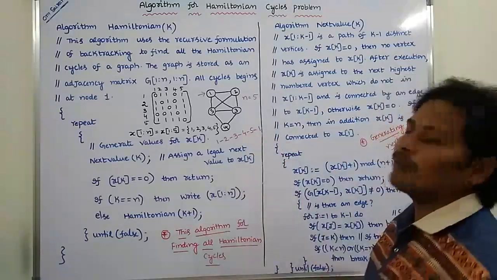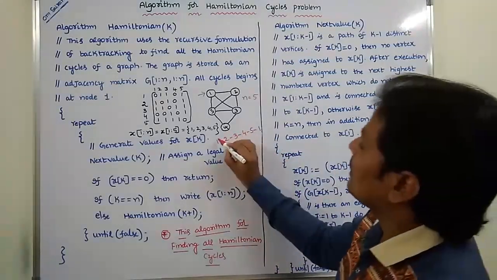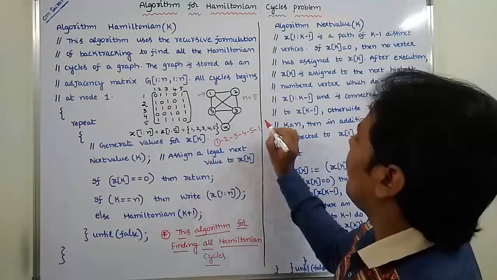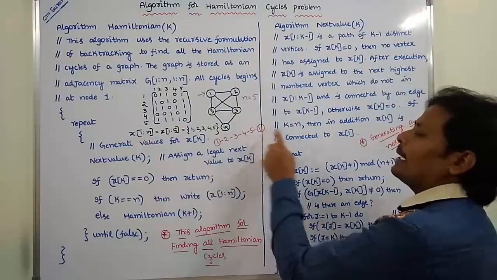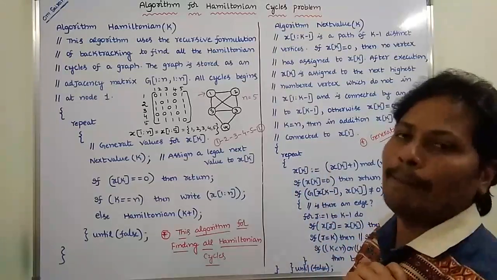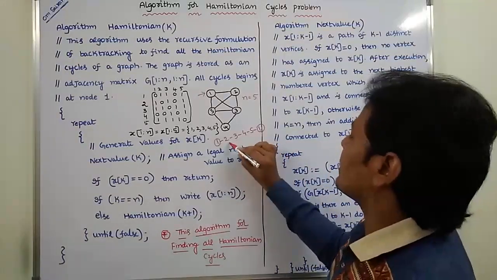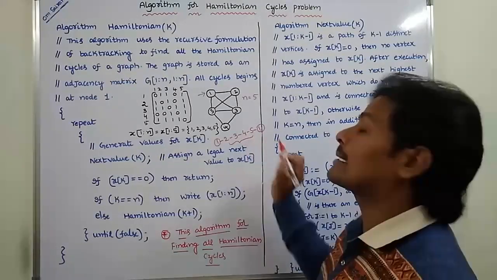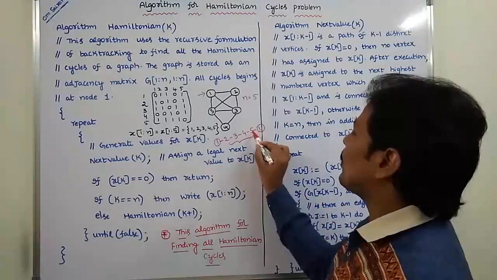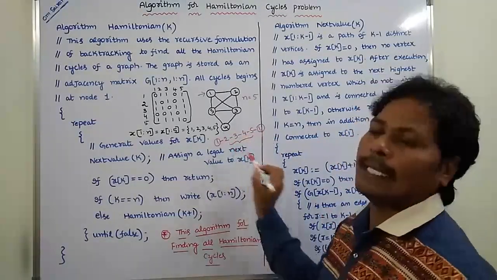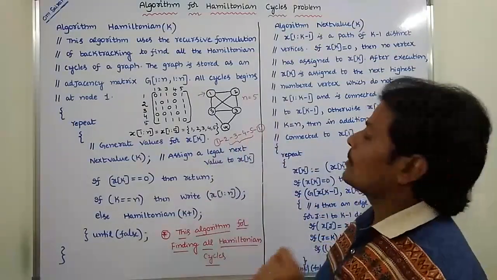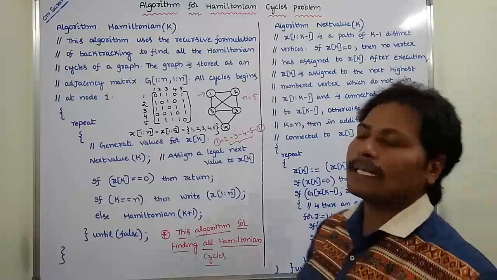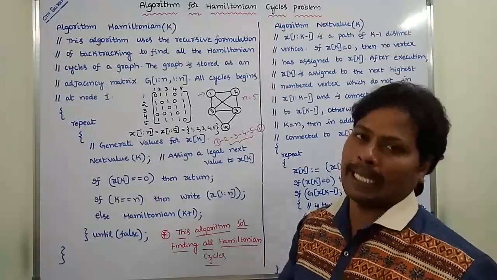This is the starting vertex and this is the ending vertex. The starting vertex and ending vertex should be the same. The remaining vertices should be visited exactly once. There is no repetition of vertices except the starting and ending vertex, and then we can say it is a Hamiltonian cycle.